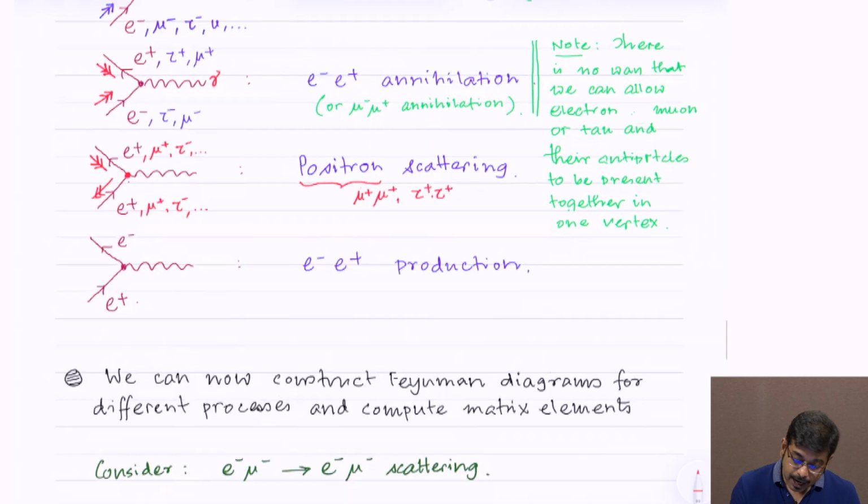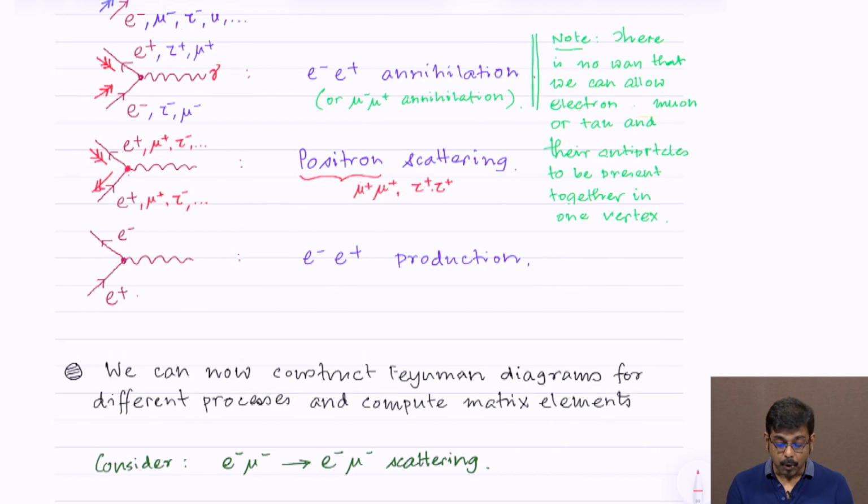And similarly, I have one last possibility, which is to produce a pair of fermion and antifermion, like electron positron production. I am once again keeping the fermion arrow in the same way that I had. Now, I have to choose the momentum arrow appropriately. Look, I want this to be electron positron creation.